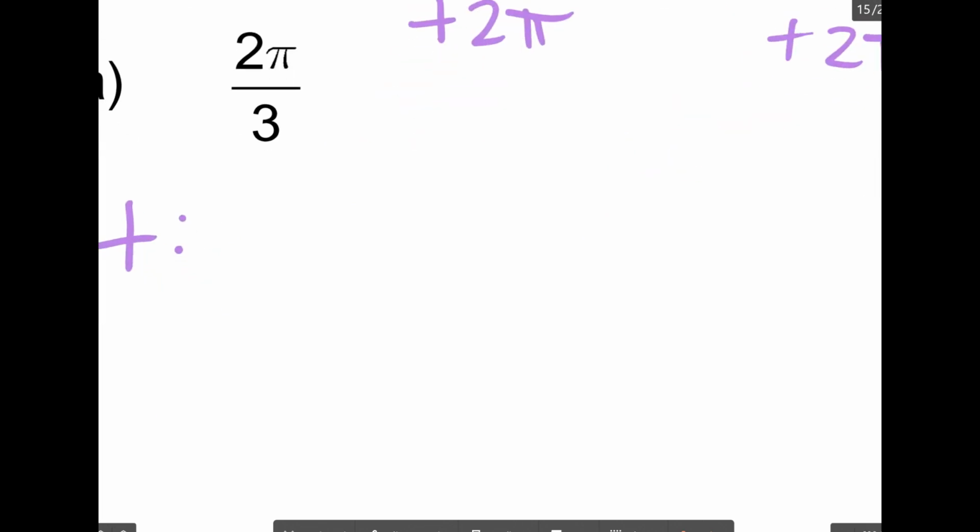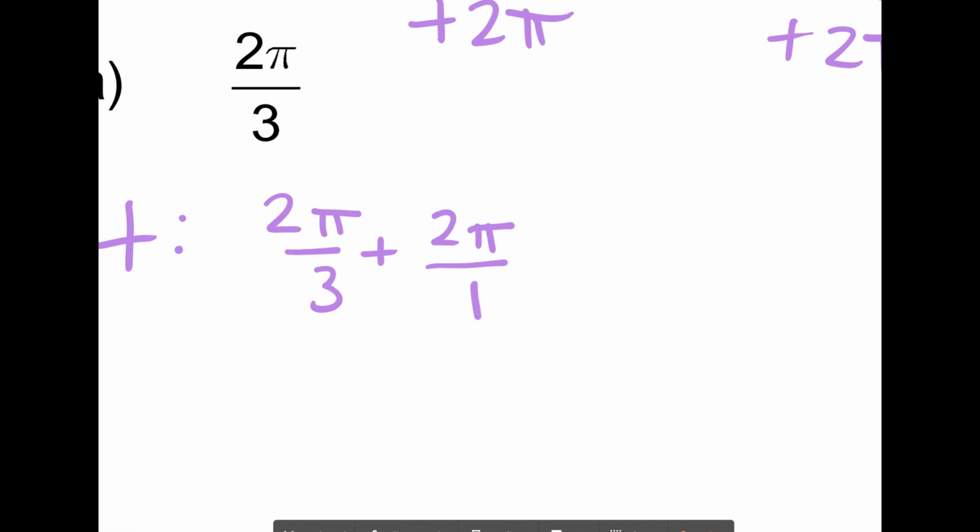So when I have 2 pi over 3, I'm going to find a positive coterminal, and I'm going to add 2 pi. So Ethan, what is my denominator for 2 pi? 1. Okay, can I just add these across, so 4 pi over 3? Ethan, what do you think? Need a common denominator, so how would I do that? Times by 3 over 3, because that's a clever form of 1.